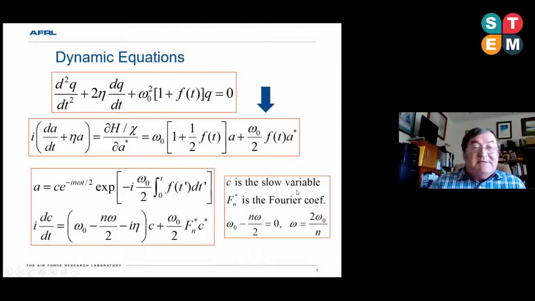introducing another complex variable. C is the so-called slow variable, and we can describe every resonance using this simple first order equation, and the resonance in this case is omega equals 2 omega naught divided by n, and f is just a Fourier coefficient of this function.